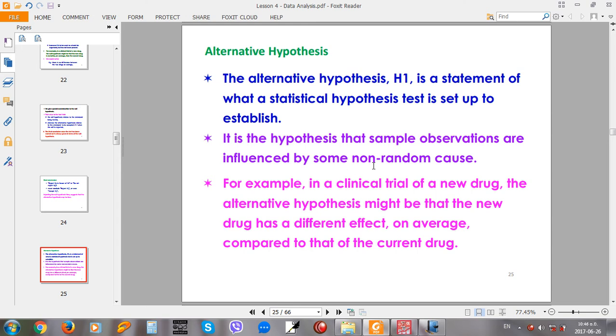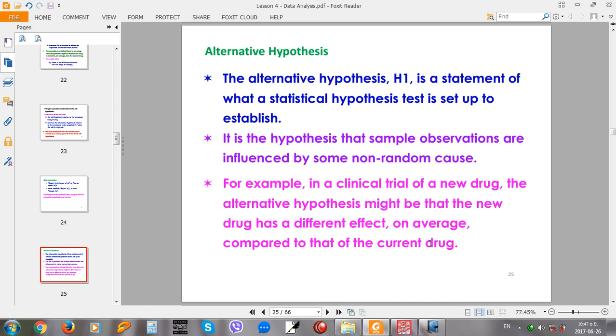For example, in a clinical trial of a new drug, the alternative hypothesis might be that the new drug has a different effect on average compared to the current drug. What we need to test in the previous example is that the new drug performs better than the old drug, but we take the null hypothesis as there is no significant difference between two drugs on average.